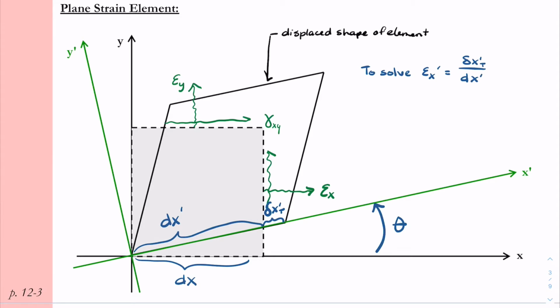In order to solve for epsilon x prime, I will take delta x prime total and divide it by dx prime. So this is just delta L over L0, just like our regular strain equation. I also need to include dy, so I'll draw that in, and then come up with the relationships dx equals dx prime cosine theta and dy equals dx prime sine theta.